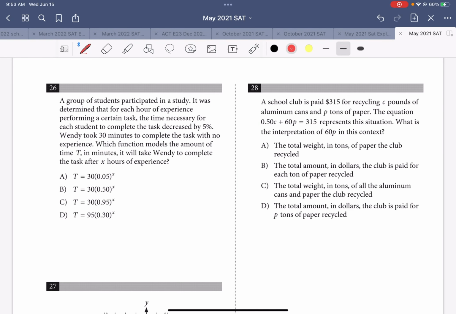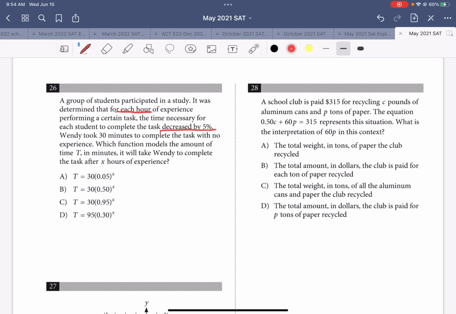Number 26. A group of students participated in a study, and it was determined that for each hour of experience performing a certain task, the time necessary for each student to complete the task decreased 5%. Wendy took 30 minutes to complete the task with no experience.